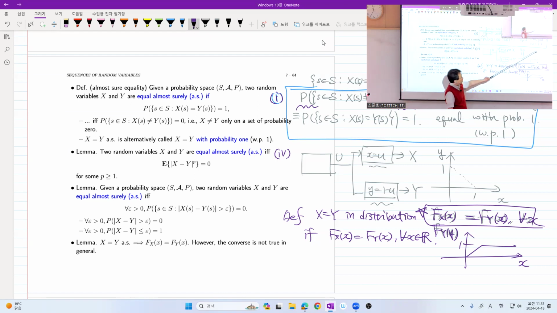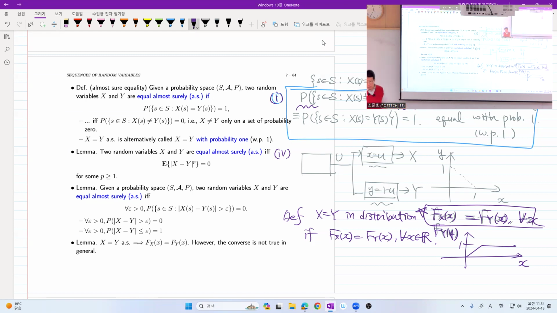However, what happens if the probability of the event that x equals y is 1, but there could be some very unlikely outliers that are not on x equals y? You say that they are equal with probability 1. They are equal almost surely.